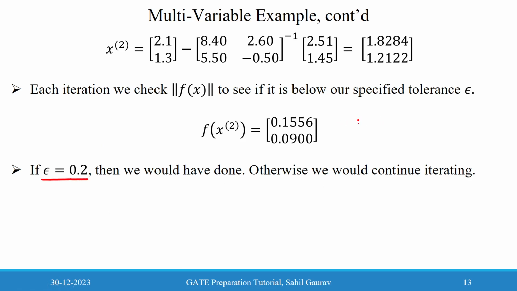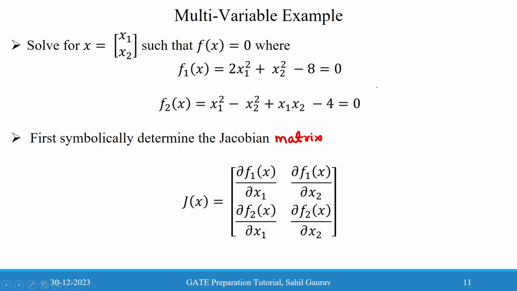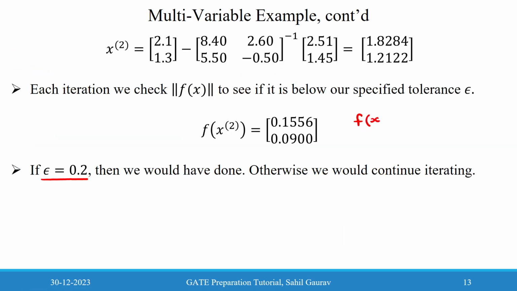So here we can see that f1(x) is 0.1556, which is less than 0.2, and f2(x) is 0.09, which is also less than 0.2.